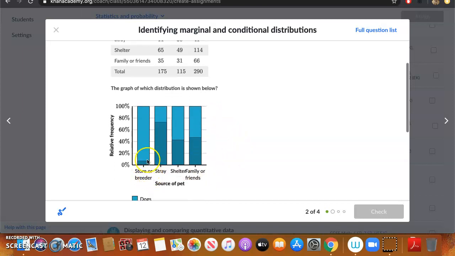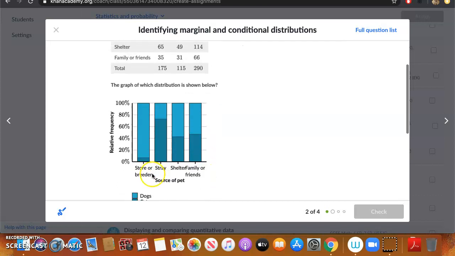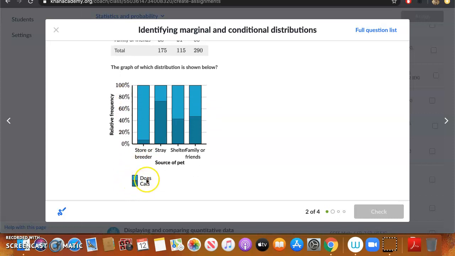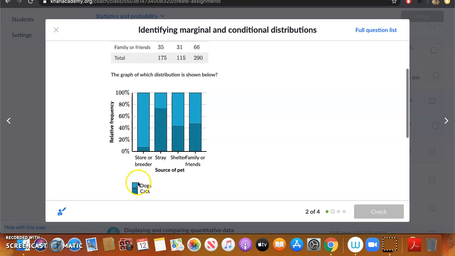It looks like each of these bar graphs relates to the pet source. Here we have from a store or breeder, stray, shelter, family or friends. Each of these bars relates to the source, and for each source we have a percentage. If we look at the legend, the light blue pertains to the dogs, and the dark blue, or dark green, I'm not really sure, relates to the cats.